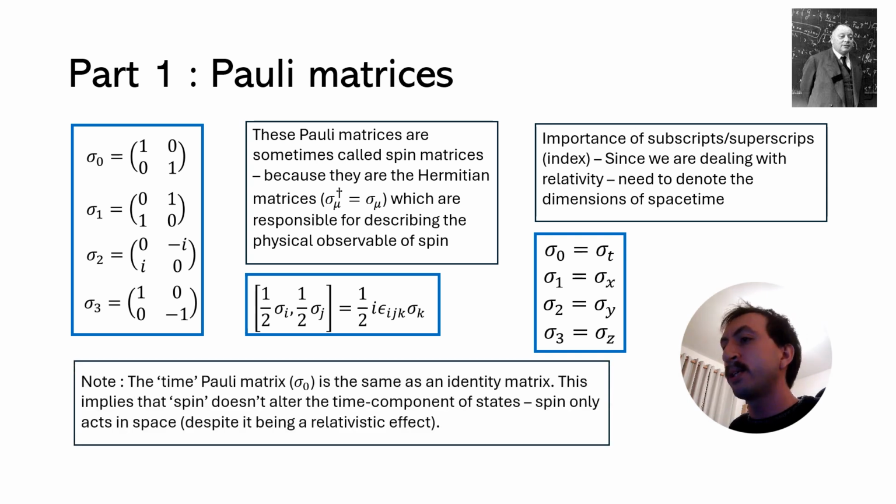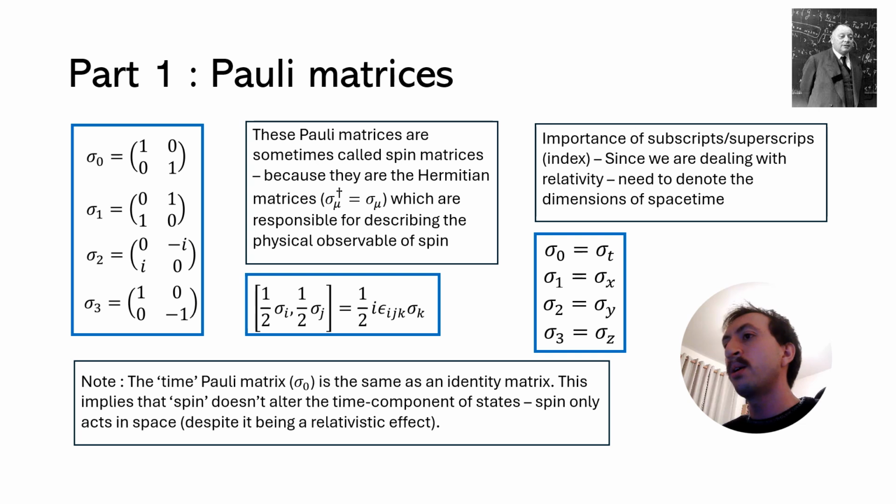Given that 0 is generally reserved for time, that's indicating that spin should be a property where spin has no effect on the time components of a full vector.